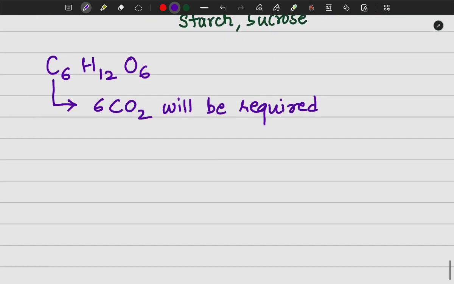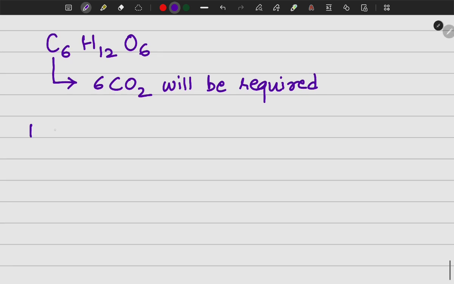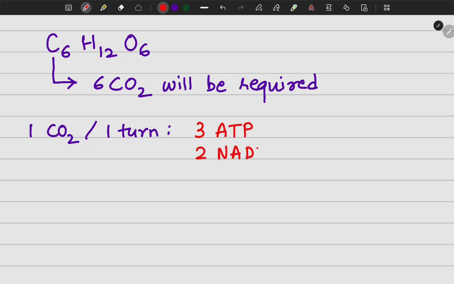So for one molecule of CO2 or for one turn of the cycle, 3 ATP and 2 NADPH were used.